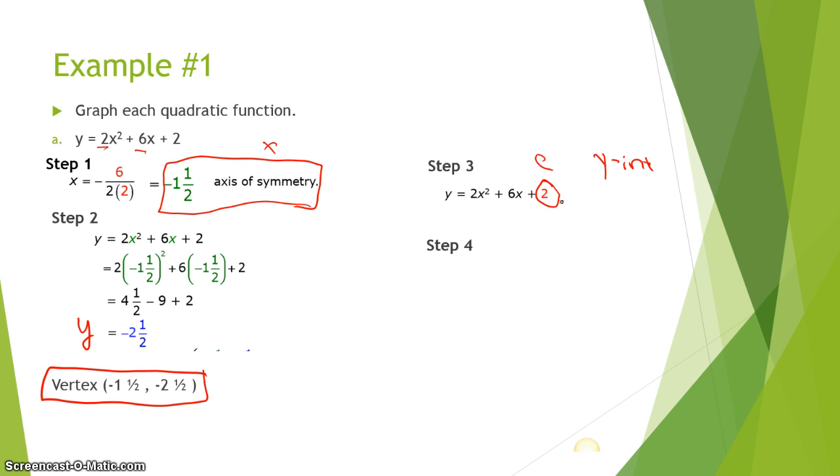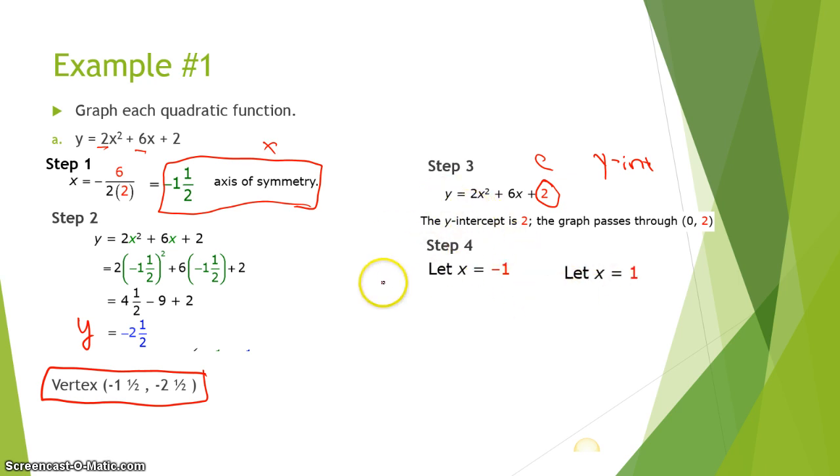So I need to now pick 2 points that I can add in. I need to pick 2 points now for x to see if additional points fall on my graph. So I can let x equal 1 and x equal -1.